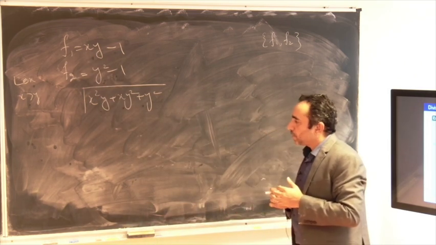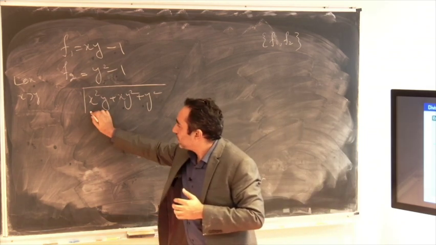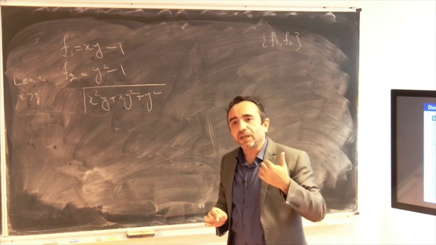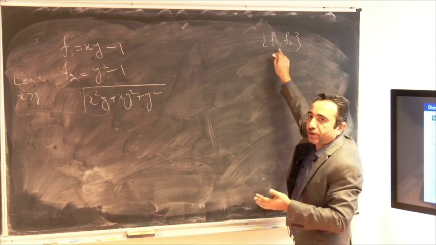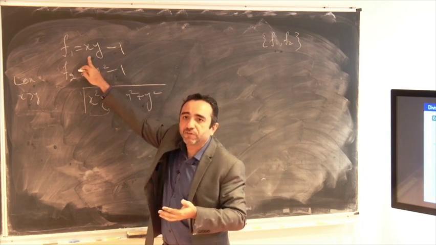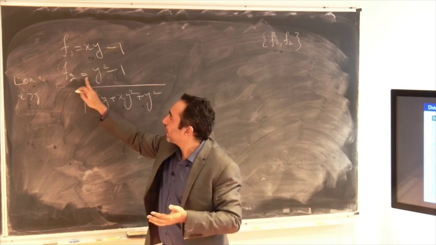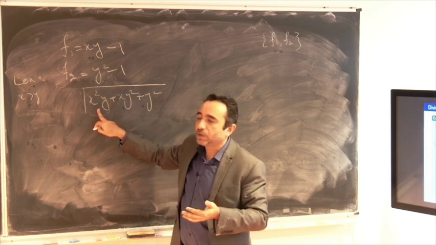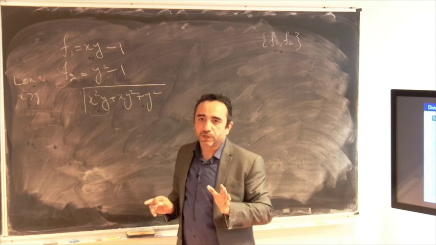Okay, then we need to check whether the leading monomial of f is divisible by any of the leading monomials of f1 and f2. Here the leading monomial of f1 is xy, and the leading monomial of f2 is y squared. So this is divisible by the leading monomial xy only.